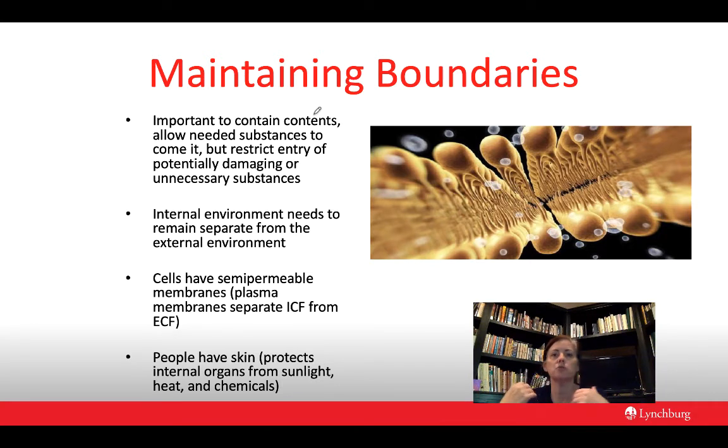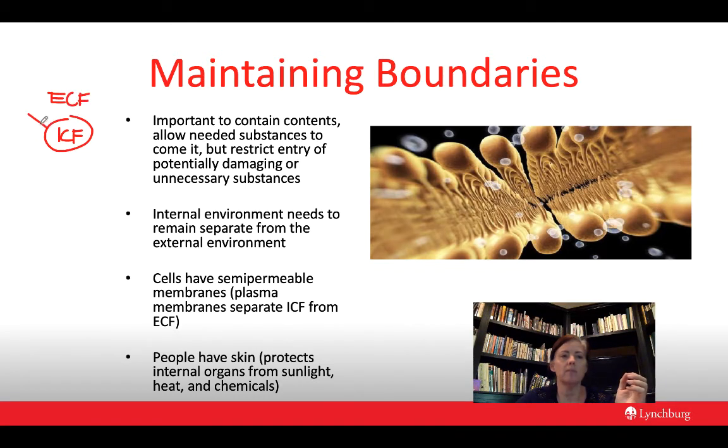we want to control access, whether it's access to our body as a whole or access to individual cells. We have plasma membranes in our cells that form a barrier or a boundary to separate intracellular fluid on the inside of the cell from extracellular fluid on the outside.